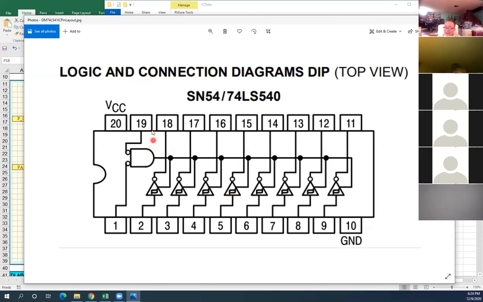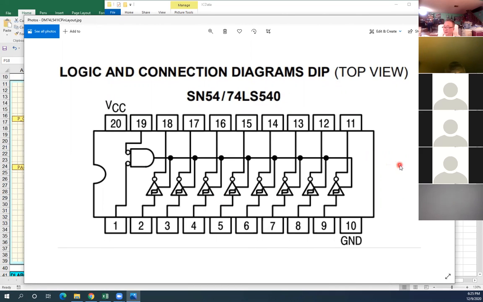Pin 19 will control 1, 2, 3, 4. So basically they separated 4 in, 4 out, controlled by pin 1 or pin 19. Input and output will be the same if pin 1 is 0 or pin 19 is 0. That's just a buffer.